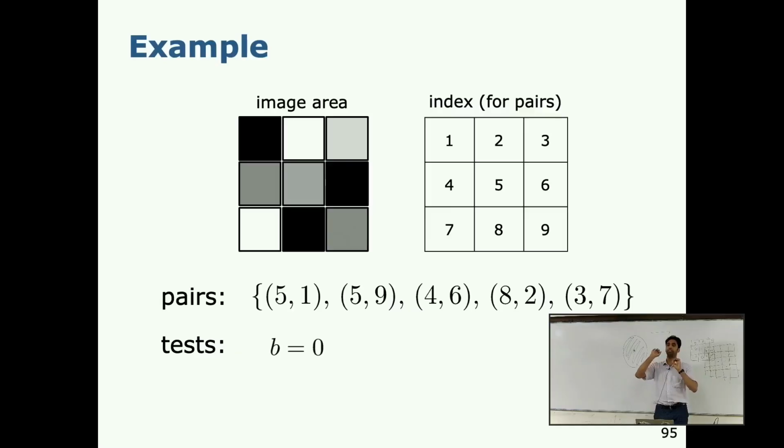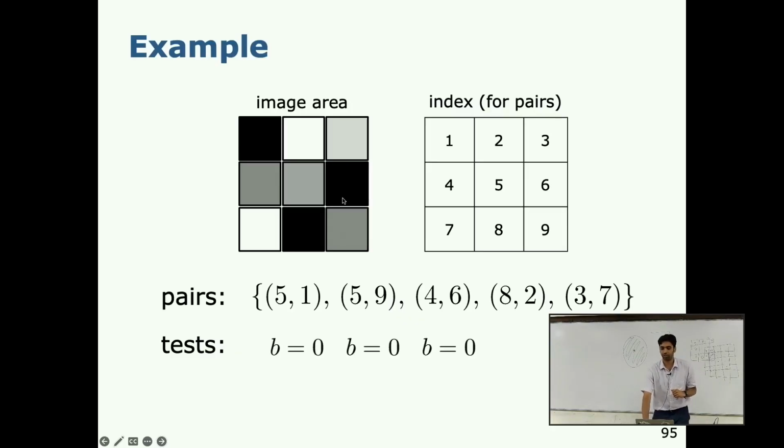So this is the first element of my string. Next, I do between 5 and 9. Will the output be 0 or 1? 5 is this one and 9 is this one. Maybe it's not super clear, but 5 is a little bit lighter than 9. It will be 0 again, because lighter minus darker is positive. What about 4 versus 6? 4 is this, 6 is this.